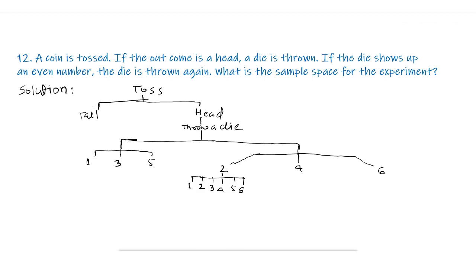And if 4 comes, then also we have all these 6 outcomes, 1, 2, 3, 4, 5 and 6. And when 6 comes, again we have the 6 outcomes from 1 to 6. Now we can make our sample space like this.